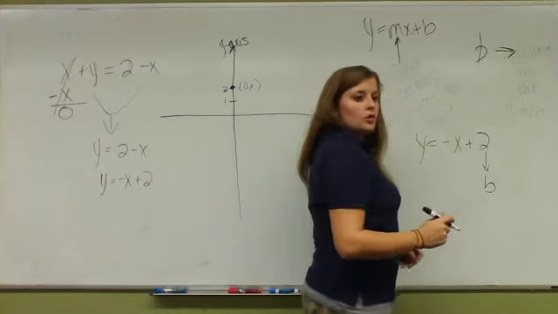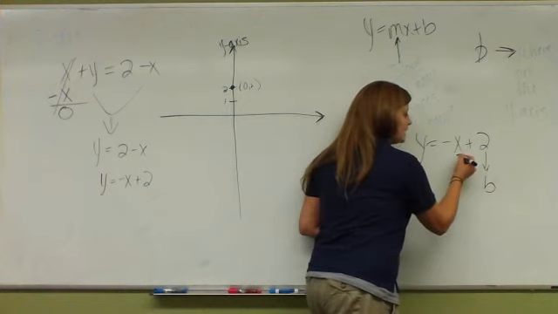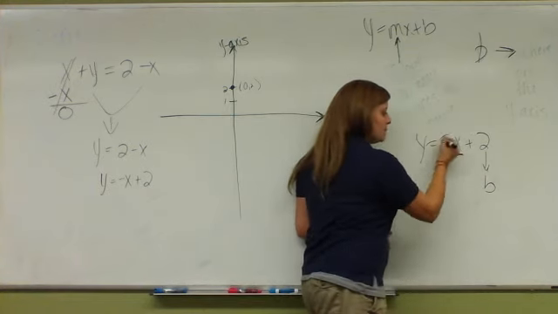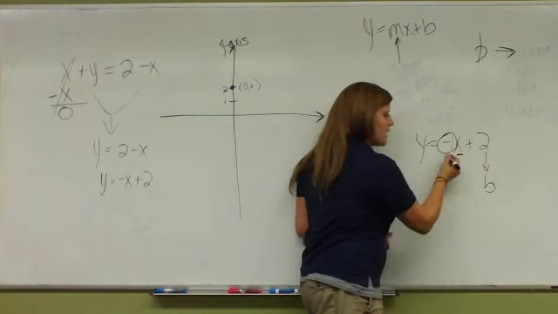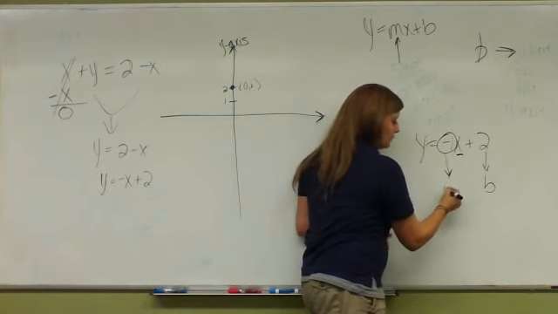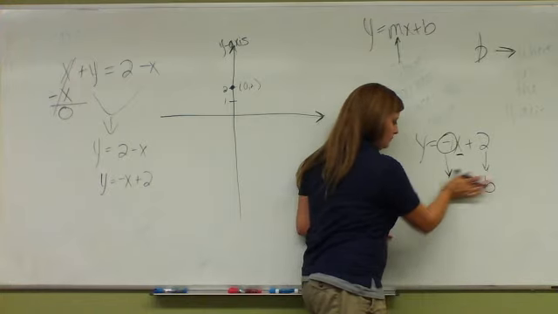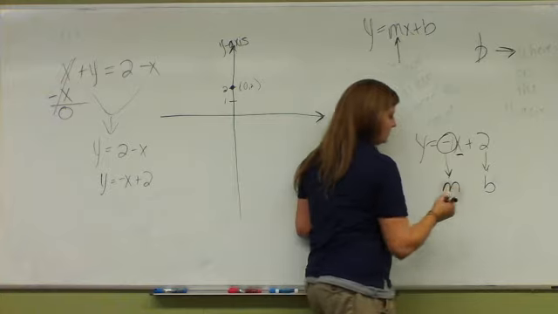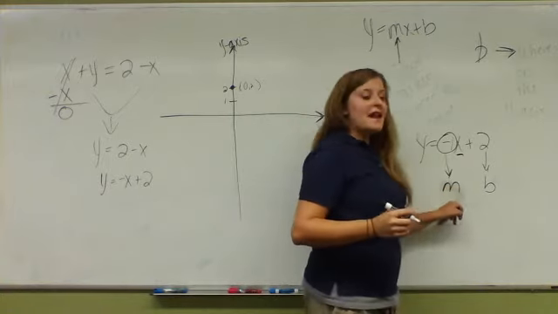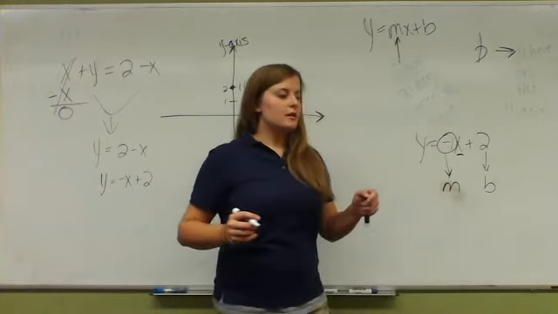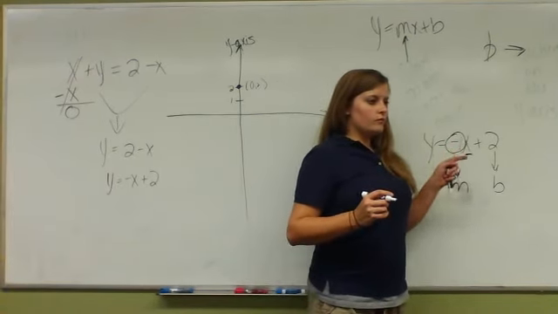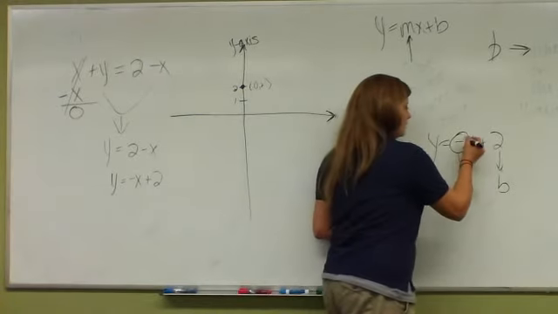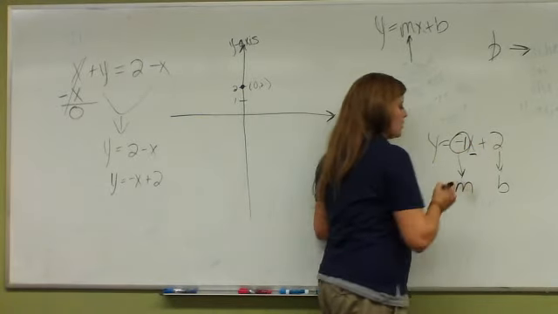And then the negative, X, that's the slope. X is just X. But the number in front of X, remember we had our imaginary 1? That's the slope. I'll put M. That number is considered as 1, so there's a 1 right there.